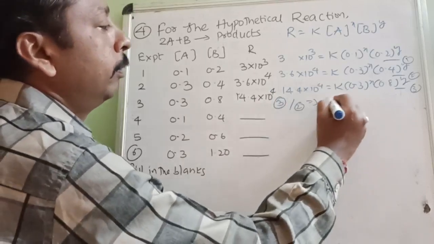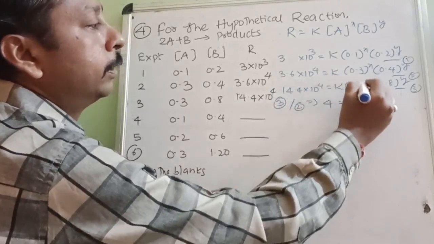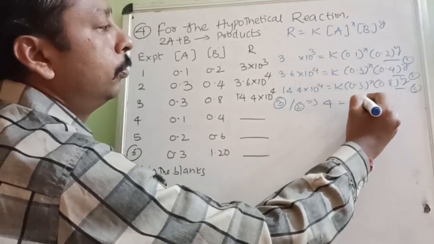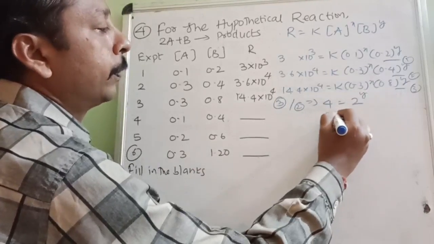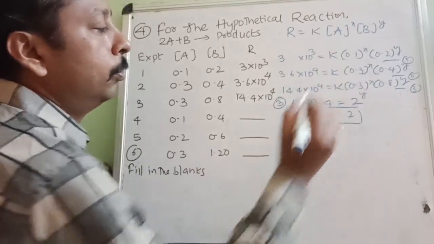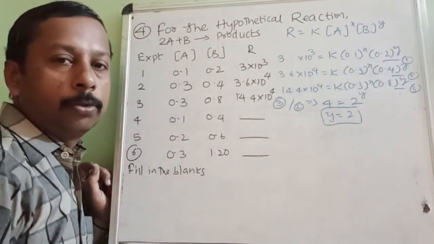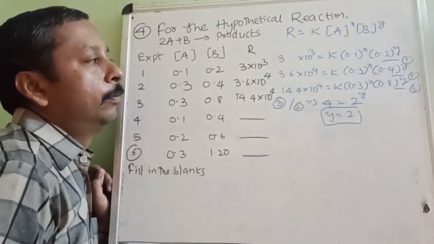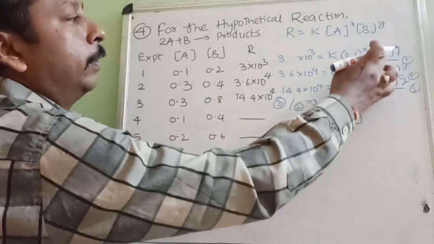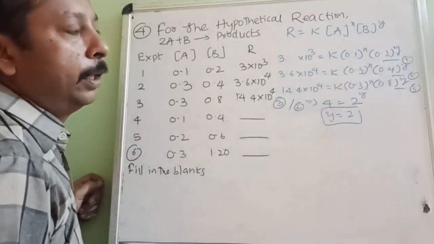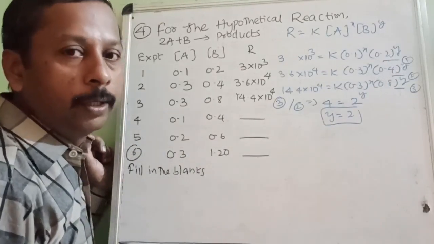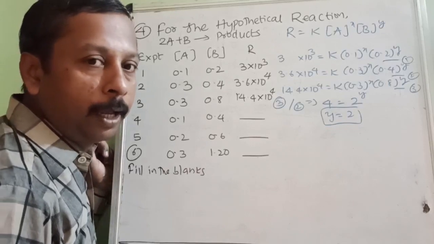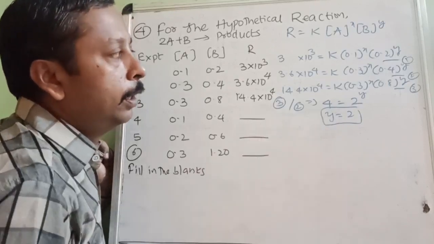Here it will be 4, and this will get cancelled. Here it is 2 to the power of y. So y is equal to how much? 2. Now I cannot find the x value, because y is not getting cancelled. Until y gets cancelled, how will you calculate? Yes, we can calculate, because we already have y.